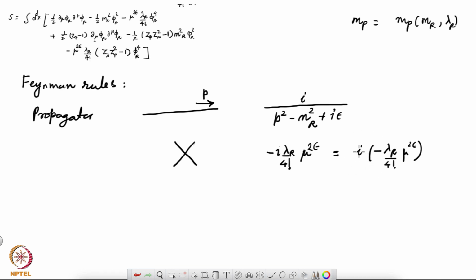In the Green's functions, we had written everything in terms of vacuum expectation values of fields, and then there was an exponential, e to the i of that interaction term, and that is from where the i was coming, when you expand the exponential.